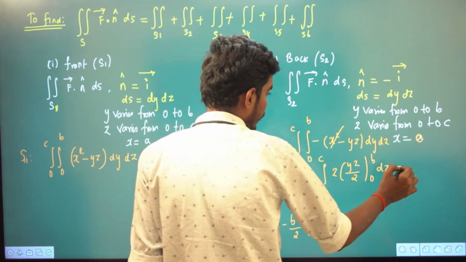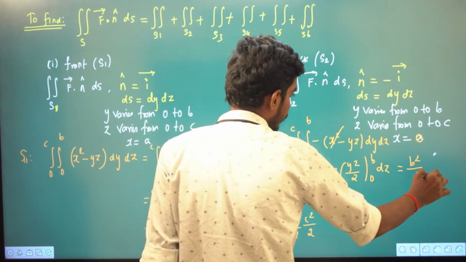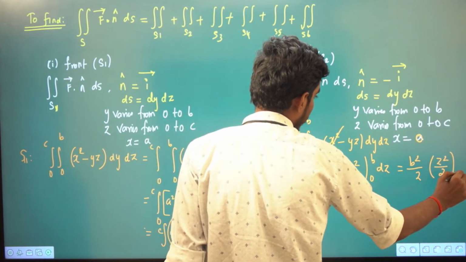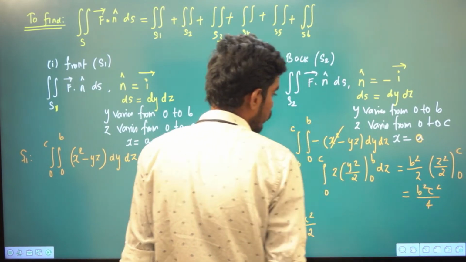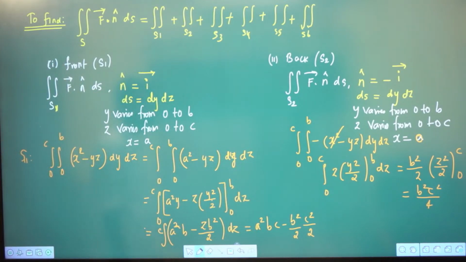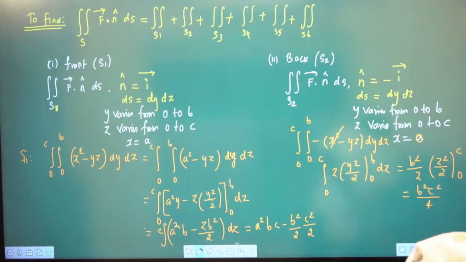So b square by 2 outside, and integration of z dz is z square by 2, from 0 to c. So you will have b square c square by 4. So this is your S2. S1 is a square bc minus b square c square by 4, and S2 is b square c square by 4. Is it clear?